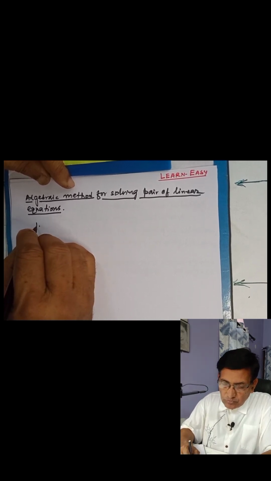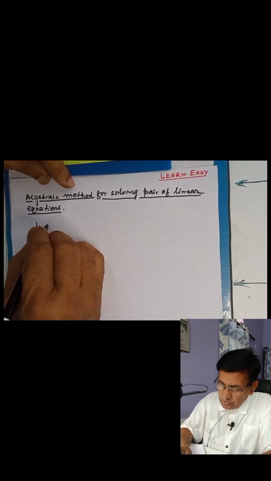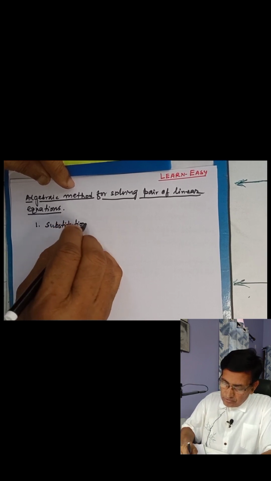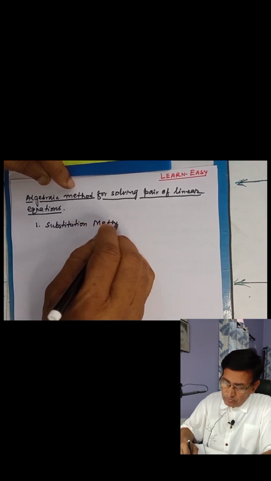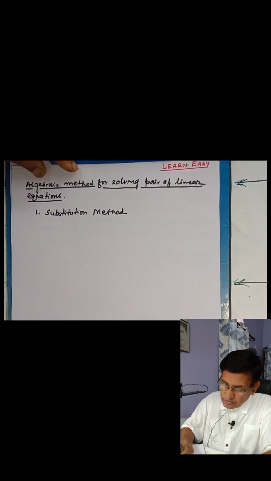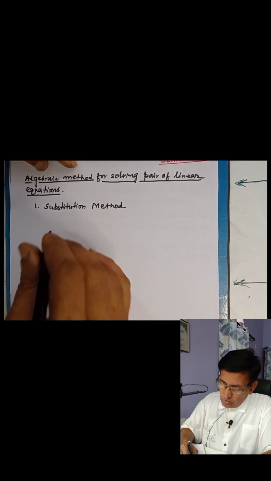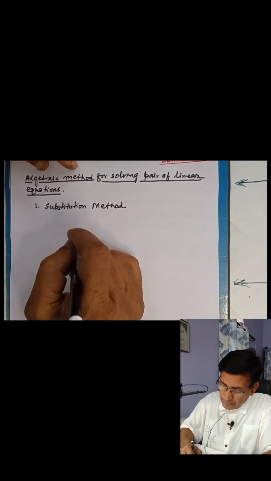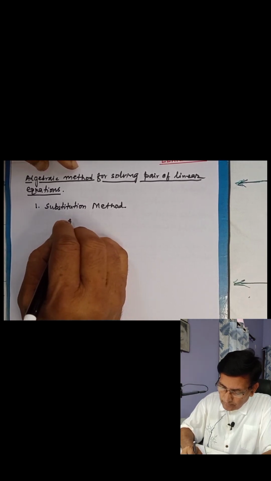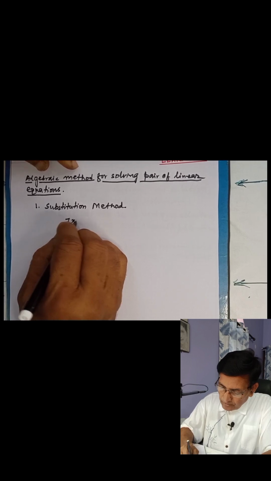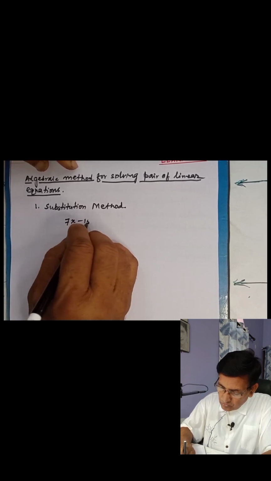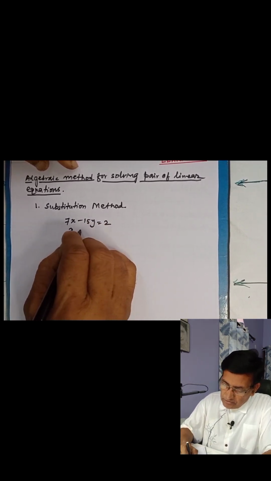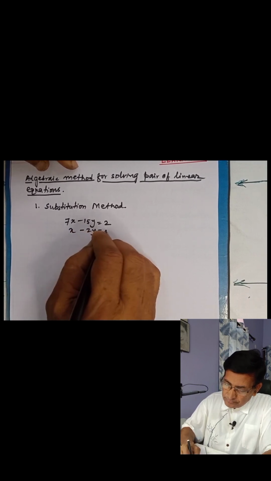The first method is the substitution method. Suppose two equations: 7x minus 15y is equal to 2 and x minus 2y is equal to 3.